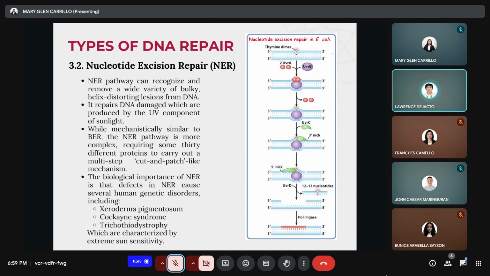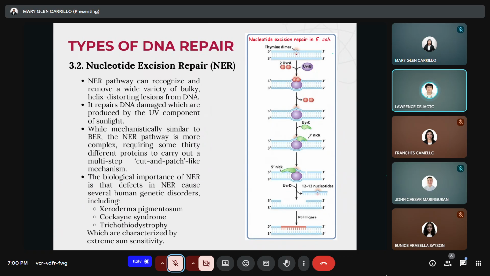The general mechanism of nucleotide excision repair is that the ABC exonuclease, composed of subunits encoded by UVRA, UVRB, and UVRC genes, moves along DNA and can detect thymine dimers and form an excision endonuclease.